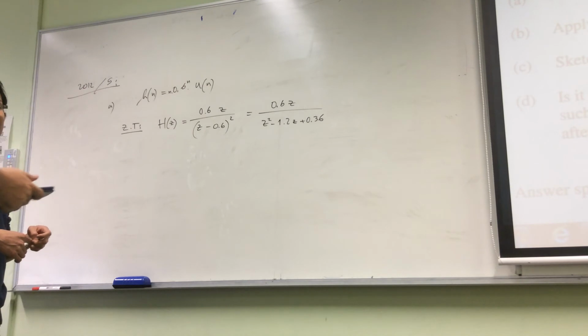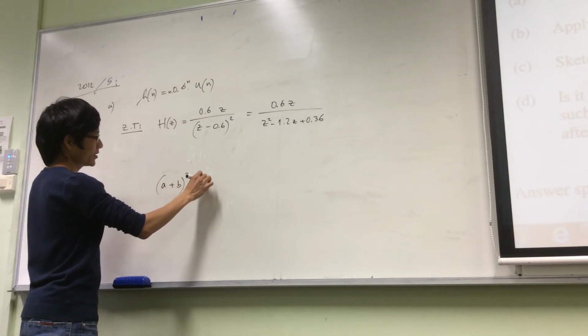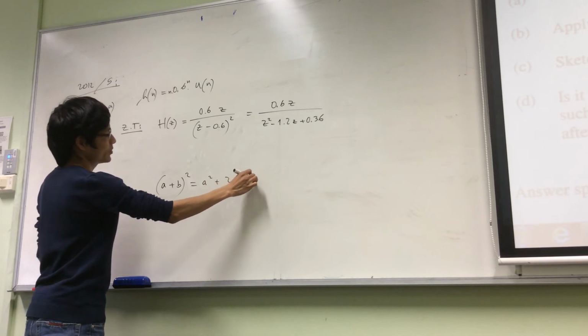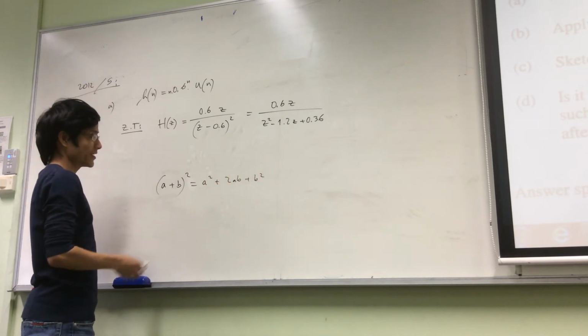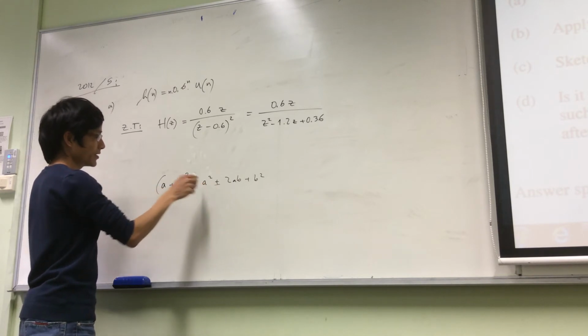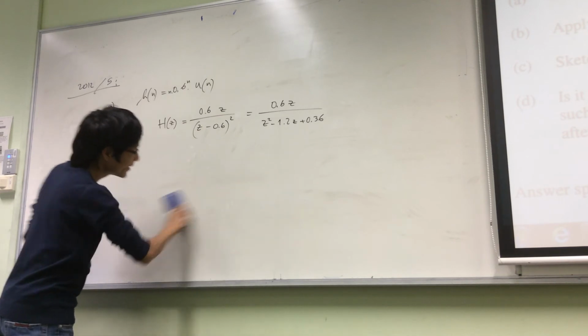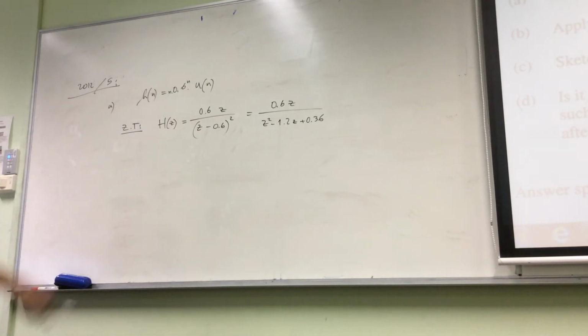You can't solve this one by calculator, you need to do it by hand. Multiply 2 times, a squared plus 2ab plus b squared. Got it. So this one is called the z transfer function.